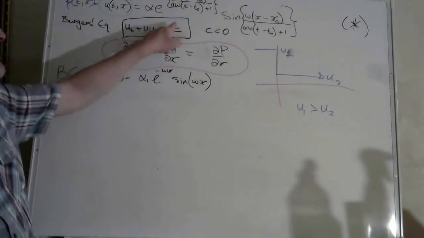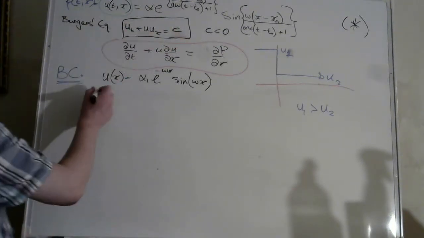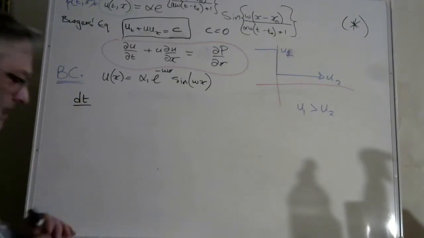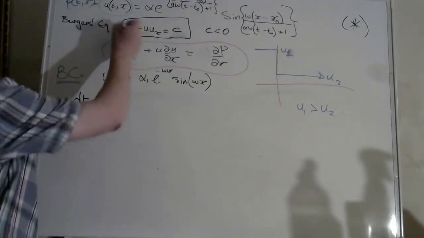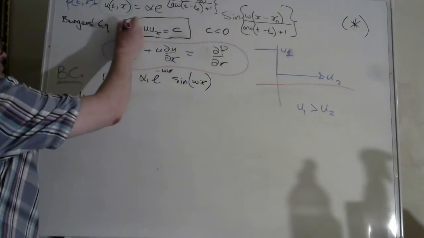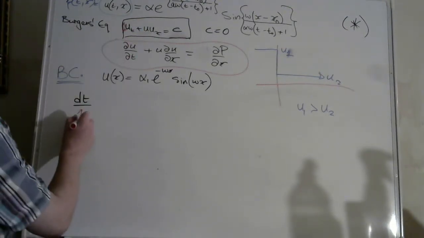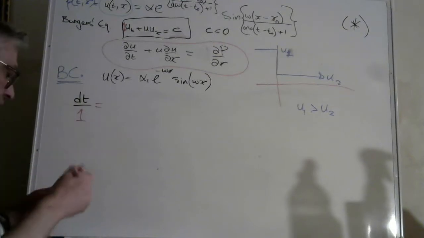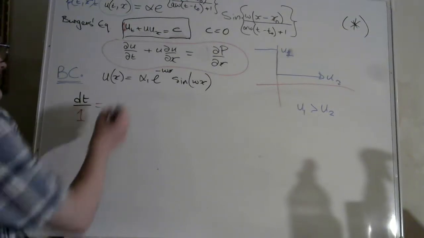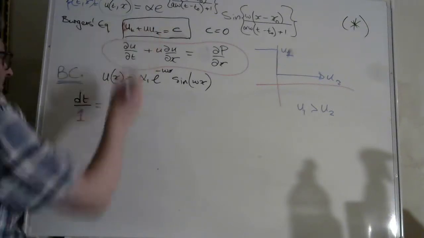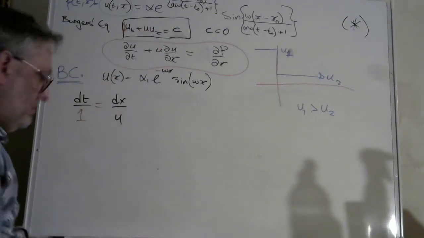But I don't like to put 0 in there because when you use the method of characteristics, you have dt over 1. That's the coefficient there of 1. And that's equal to dx over this coefficient here, which is a u.